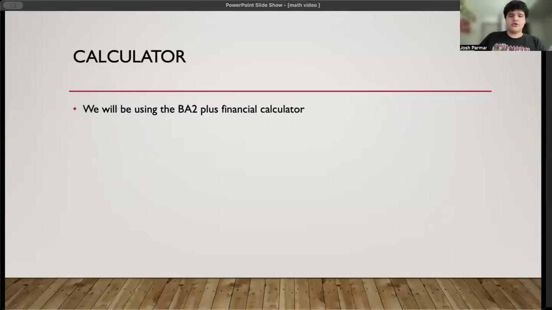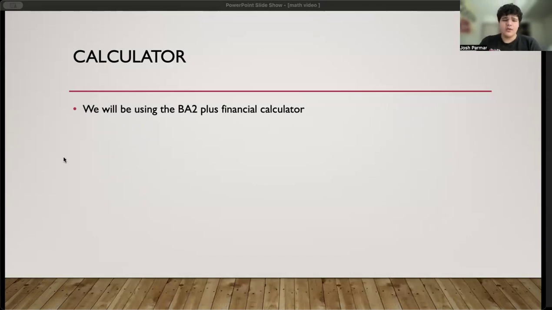All right. So today we're going to be using the BA II Plus financial calculator. I'll pull that up right now so we can take a quick look at what we're going to be using. This is very, very important, so we should get familiar with this. I'll just give you a quick rundown. Basically, we're going to be using this to calculate unknown values.